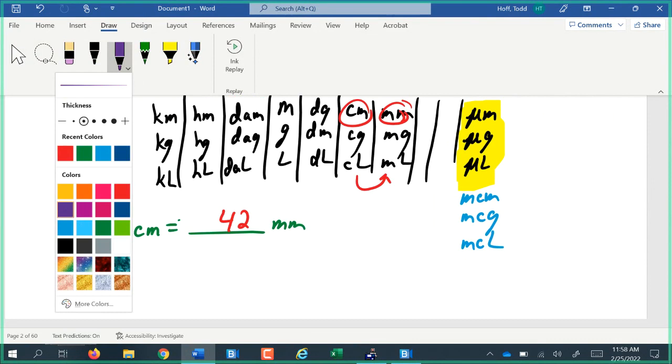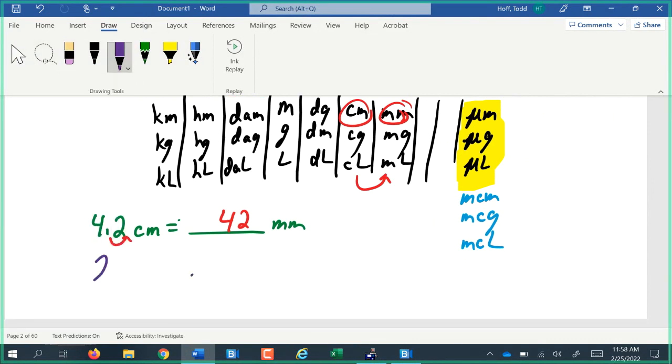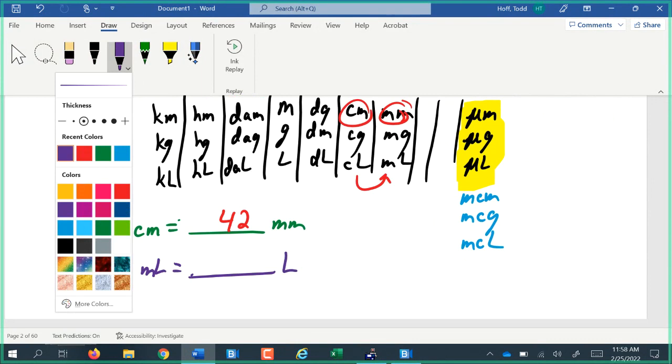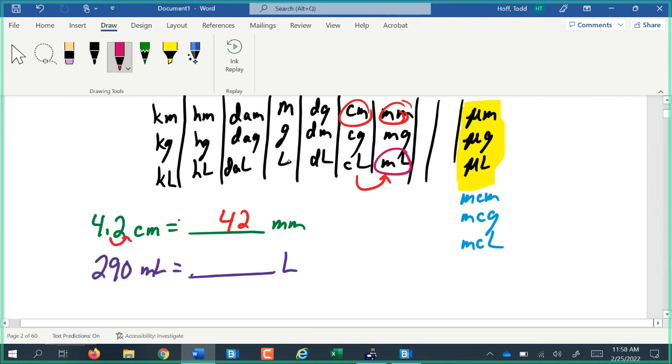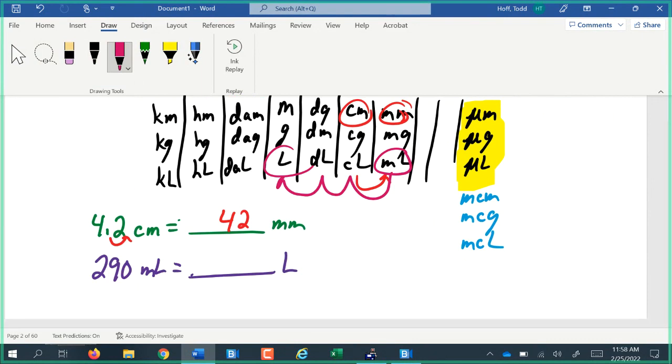Or if I had 290 milliliters, and I want to convert that to liters, going from milliliters to liters is 3 spots to the left on our chart. So my decimal point has to move 3 spots to the left. If there's no decimal point in the number, that means it's at the end. And then we move it 3 spots to the left. So that is 0.29 liters.